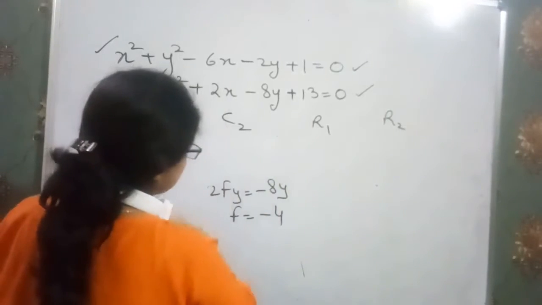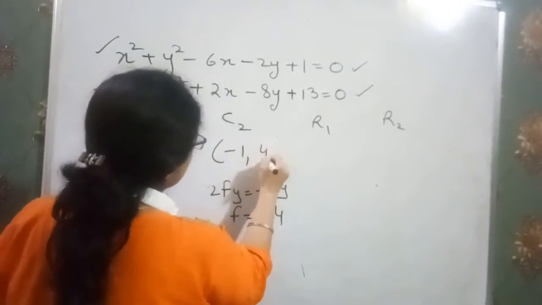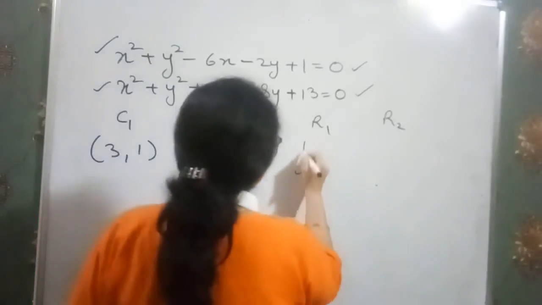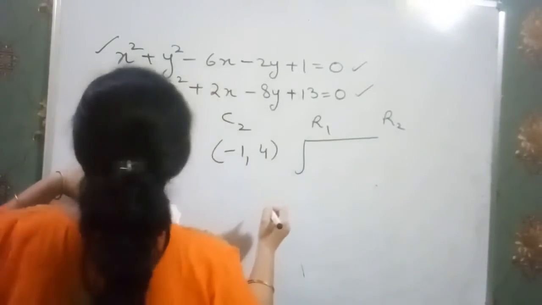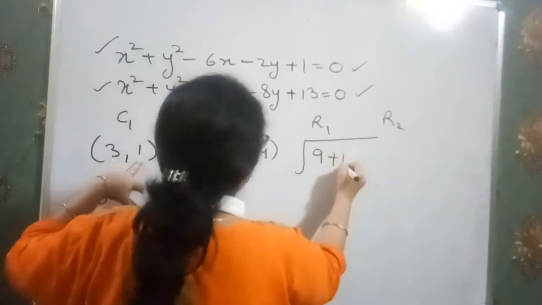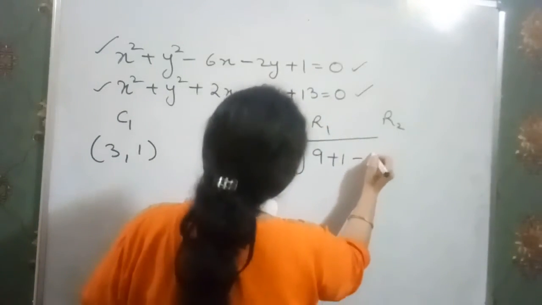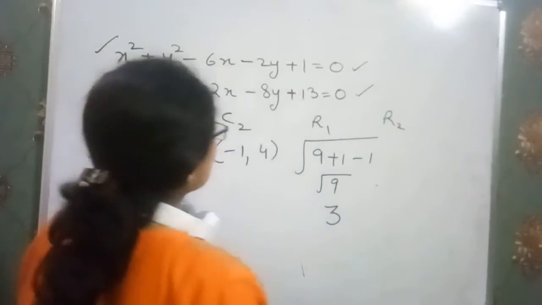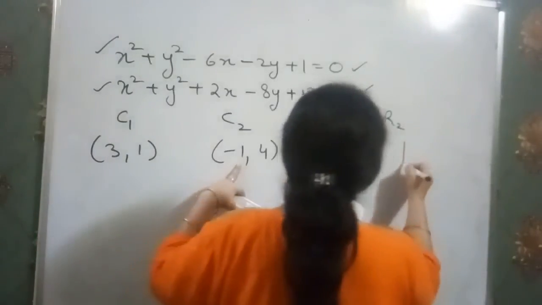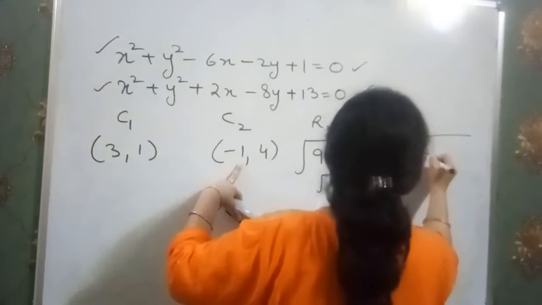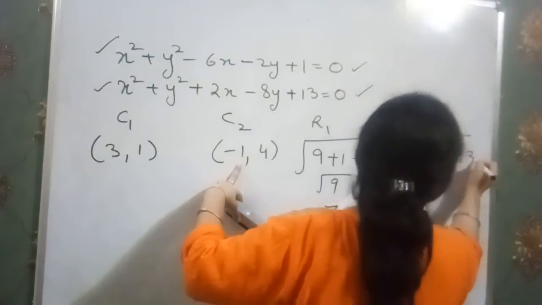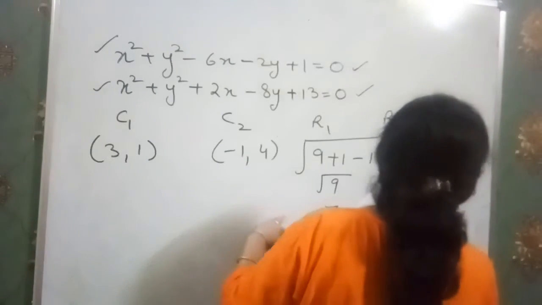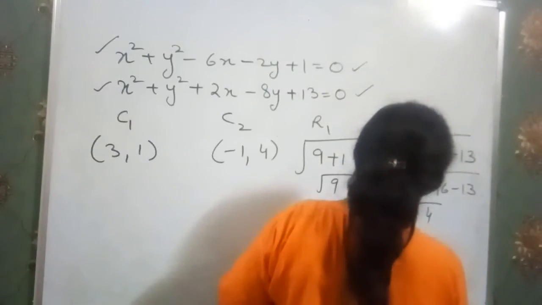So our center is minus 1 comma 4. Clear? Now the radius of the first circle is under root g square, that is 9, plus f square, that is 1, minus c, that is minus 1, so under root 9, that is 3. For the second circle we have 1 square plus 4 square minus 13, that is 1 plus 16 minus 13, that means 4, so the radius is 2.